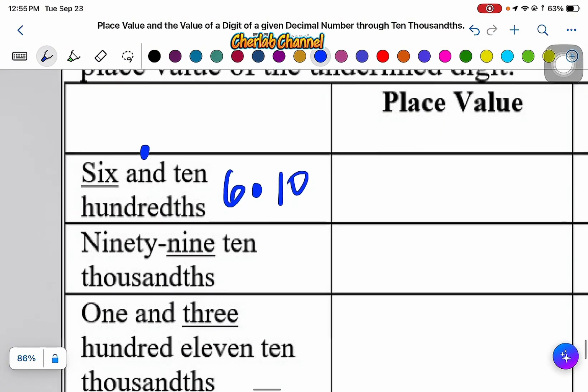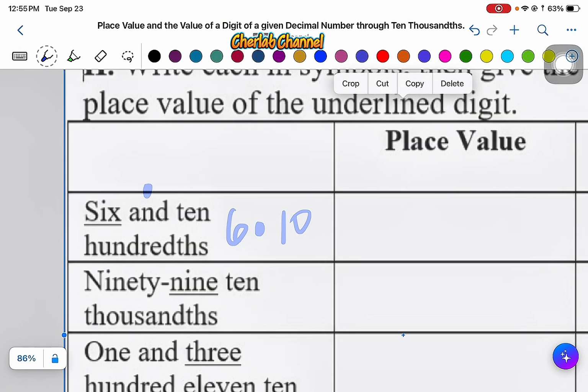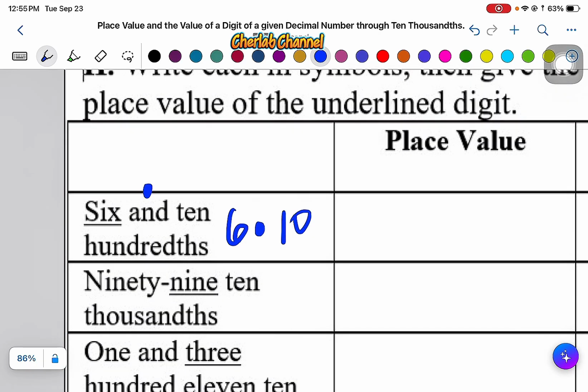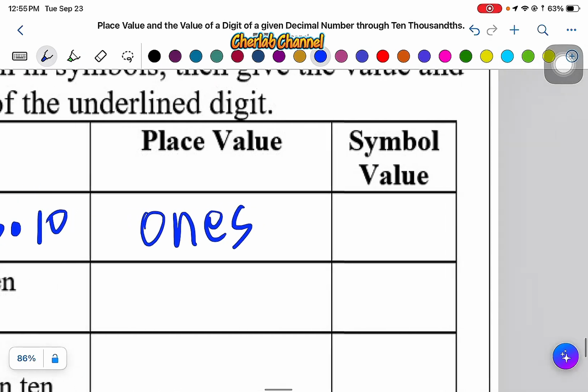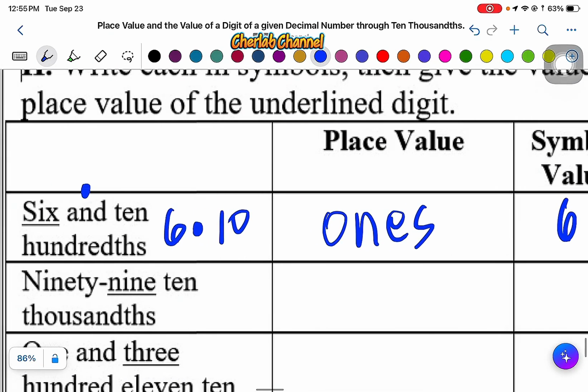Okay? The place value of 6 there is what? Whole number siya. Paano ko nasabi? Decimal point papuntang kaliwa. So that is a whole number. So first digit would be ones. Okay? Which means the value is 6. Whole number siya. Buong 6.